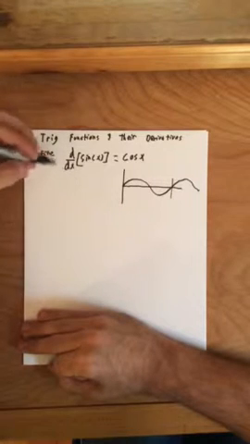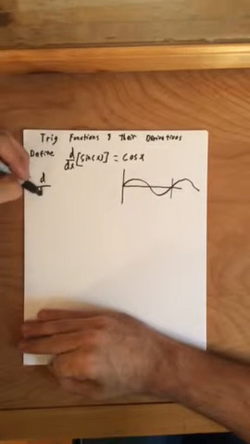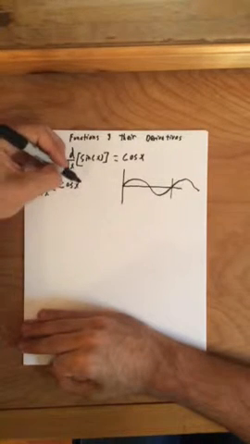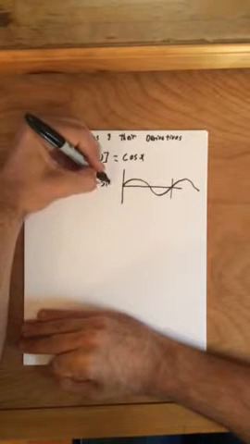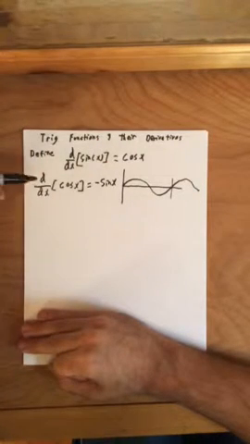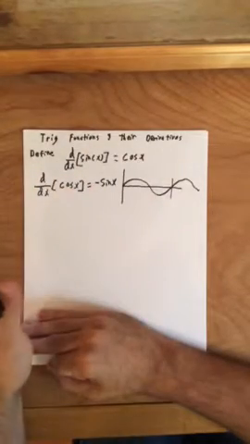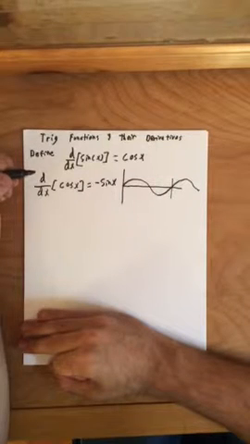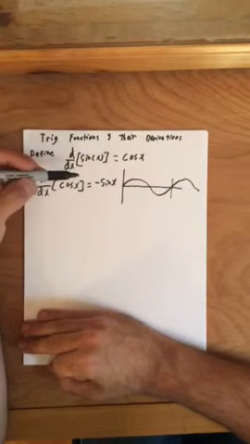So the derivative of sine x is going to be cosine x, and if we take the derivative of cosine x with respect to x, that's going to give us negative sine x. You can play with shifting a graph over and mess around with these things to make it intuitive to you, and I do suggest that.